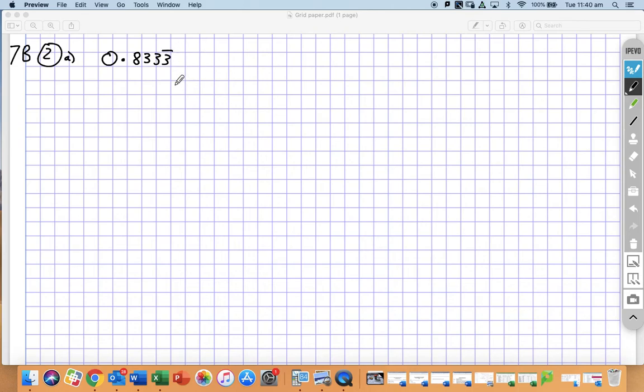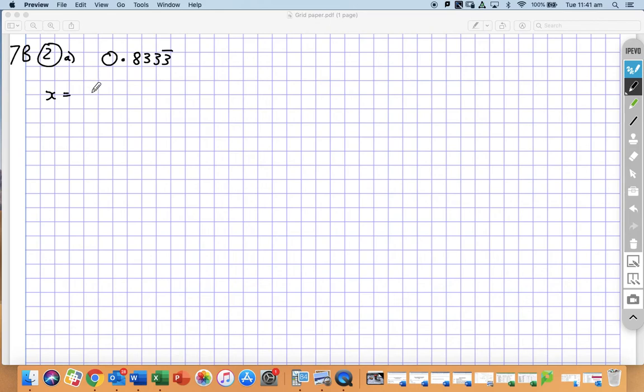Right? So here the recurring starts in the hundredths. So we say x, and the 8 there, we're going to have to deal with that. We're going to have to go to the hundredths before we see the recurring happening.